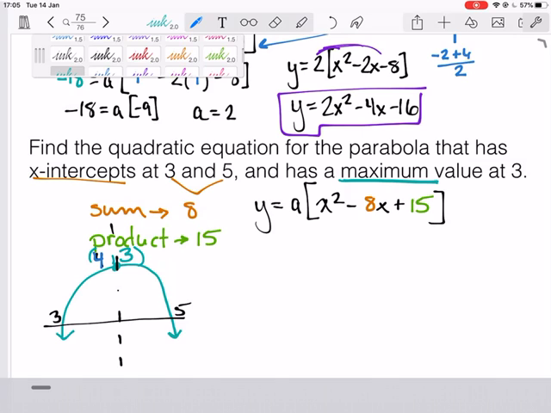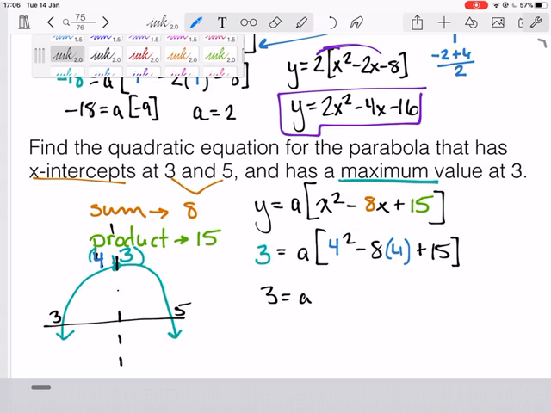So I'm going to do that in a slightly different color so that it's easier to see when I plug it in. So I'm going to plug in my new y value, 3, equal to a multiplied with my 4 squared, minus 8 times 4. So plugging in that same x value for all my x's, plus my 15.